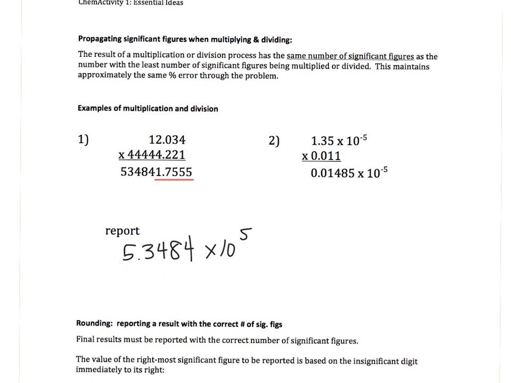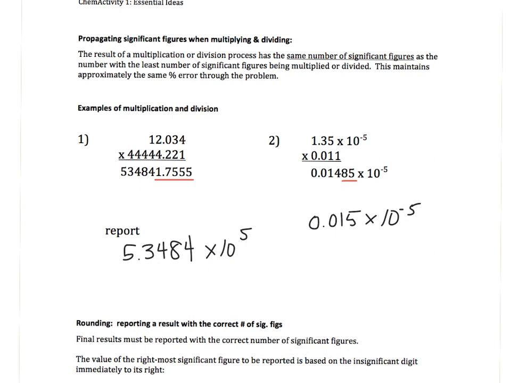Let's look at another example. We've got two numbers being multiplied here. This one has 3 sig figs and this one has 2. And that means our result can only have 2. So if I underline things that are not significant and then think about how I would report that, I would report 0.015, because I'm going to need to round, times 10 to the minus 5.